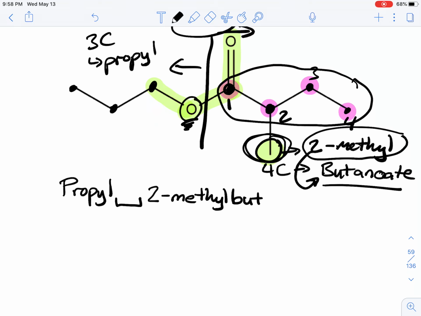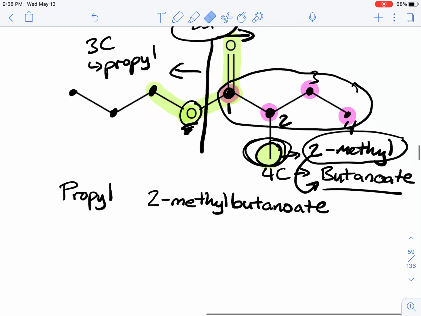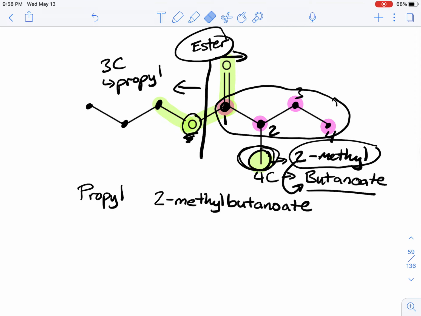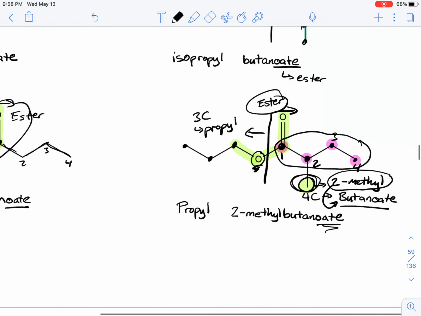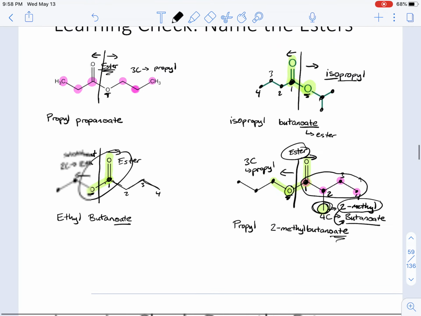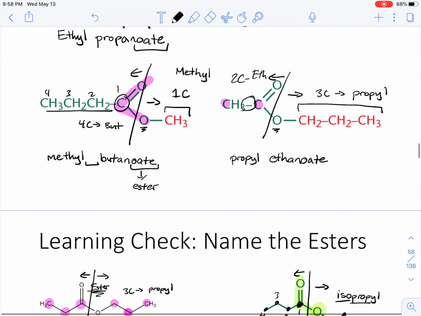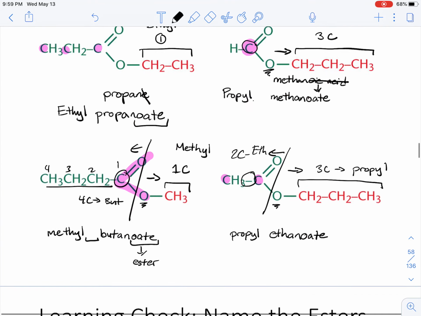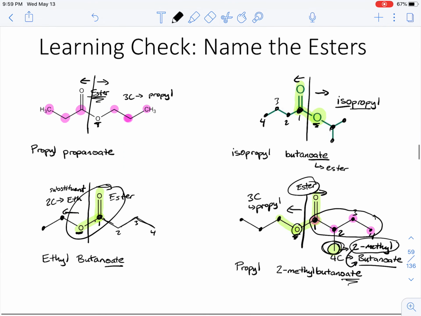So I have butanoate. Okay, so this is going to be the name of this organic compound, propyl 2-methyl butanoate, where that 2-methyl is on the 4-carbon chain. And since I have an ester, I need to use the -oate suffix. All right, so hopefully going through these 8 or 9 examples gives you an idea of how to name these esters.